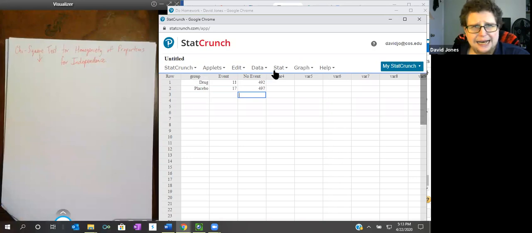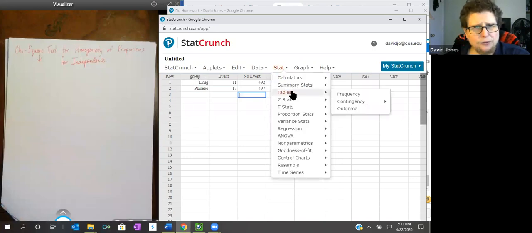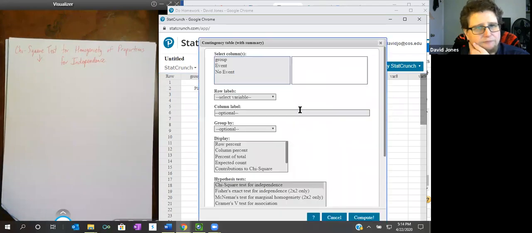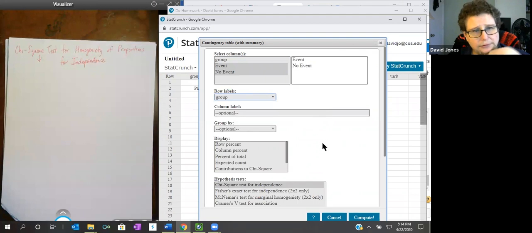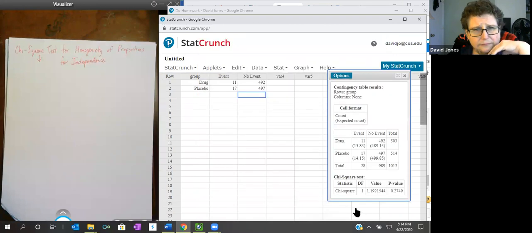So we're going to go stats, tables, contingency with summary. Event or no event is my groups. My row label is the group. Expected count. And it gives me a chi-square.